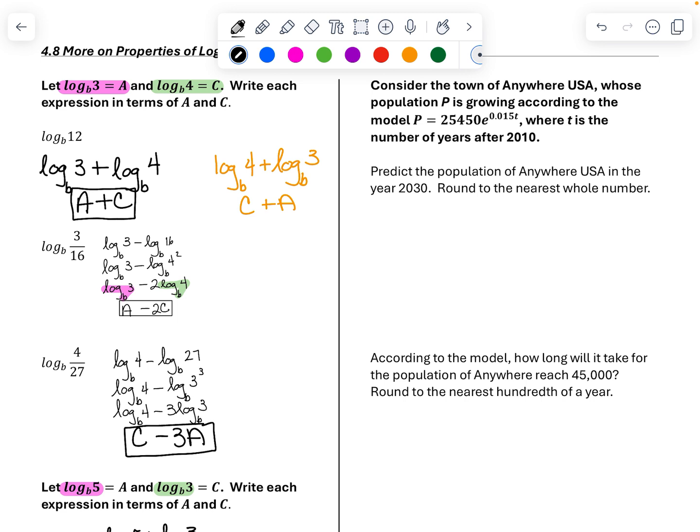So we're just going to say P is equal to 25,450 people, e to the power of 0.015 times 20, because 2010 to 2030, that's 20 years. So we're going to type that in our calculator.